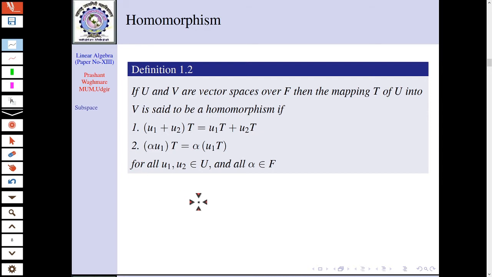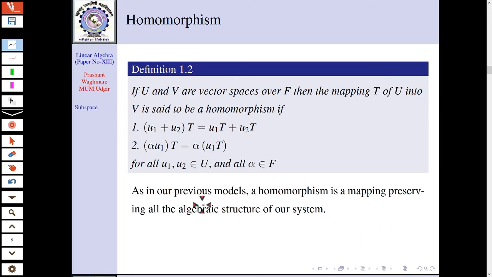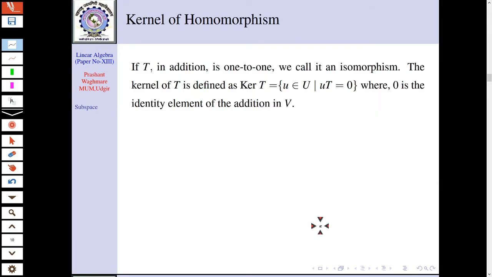Now after the definition of homomorphism, clearly a homomorphism is a mapping which preserves all algebraic structures of our system. Now let me define the kernel of a homomorphism, and before that let's see one definition here.